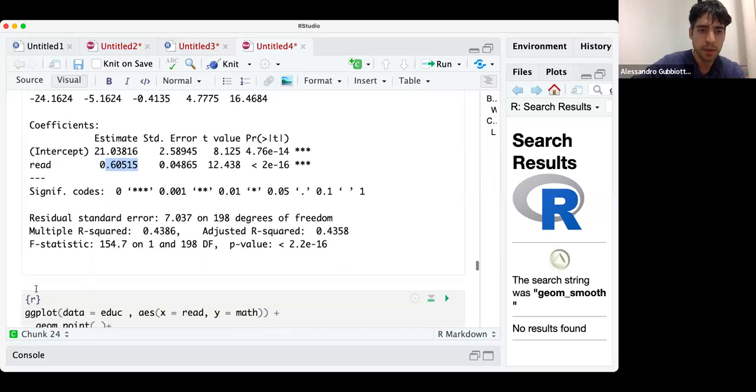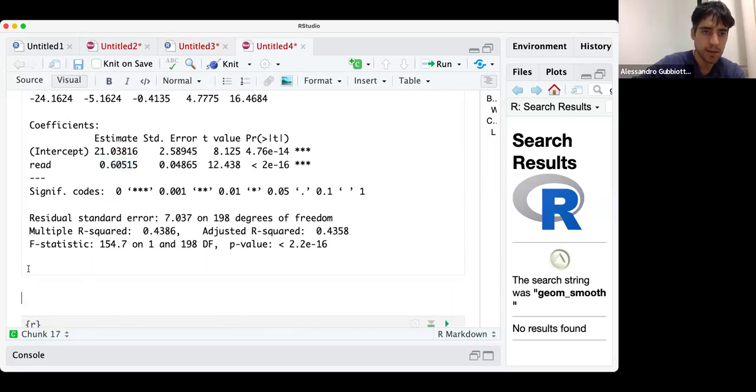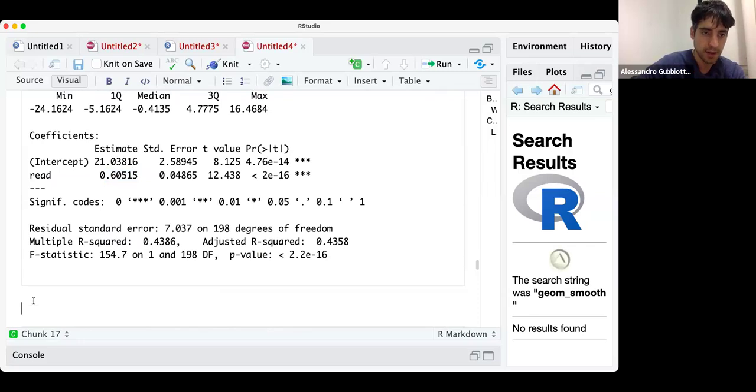So first of all, maybe I forgot to say it, this model tells us that the math score is equal to 21 plus 0.6 times read plus some zero mean noise.